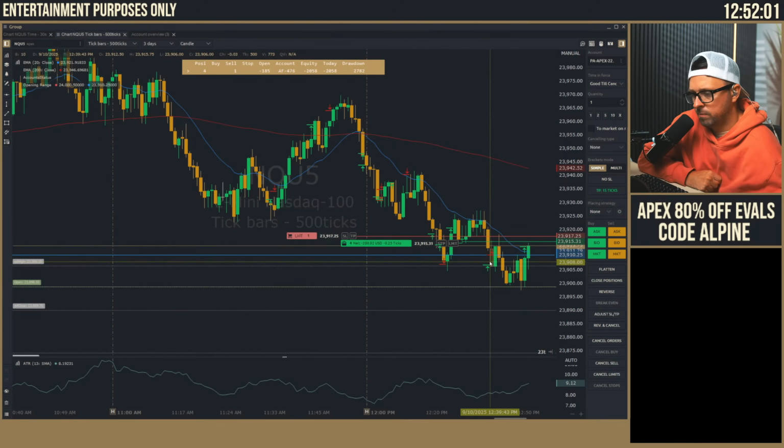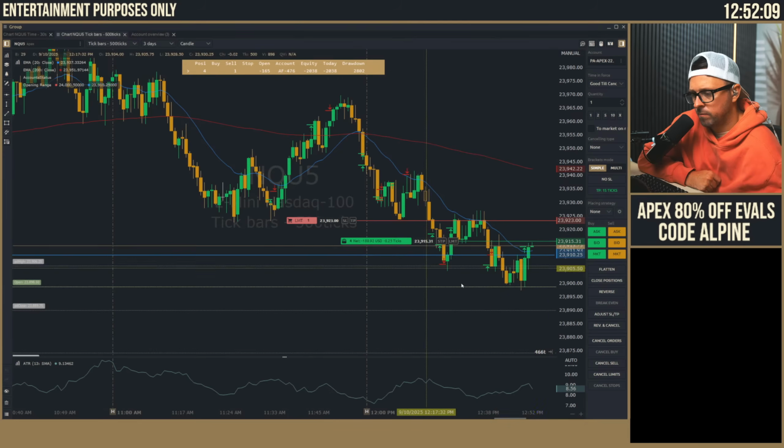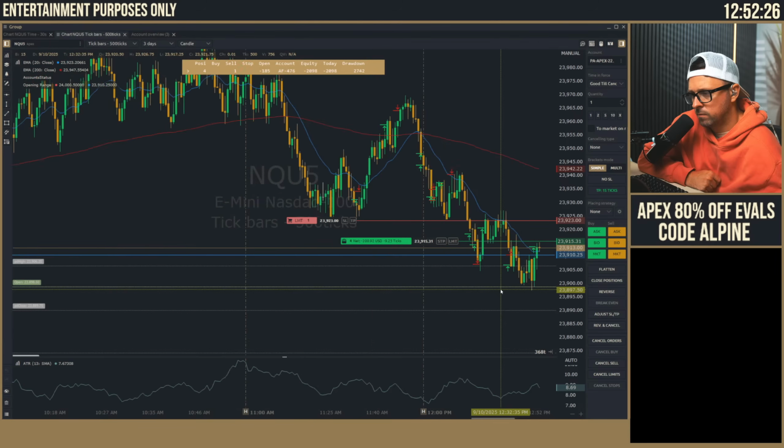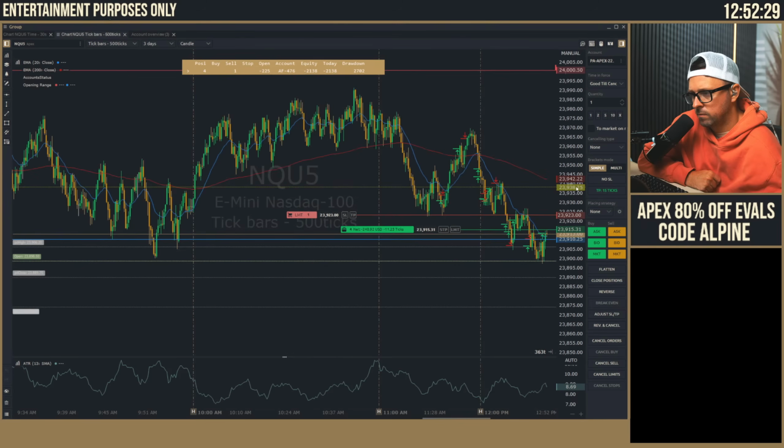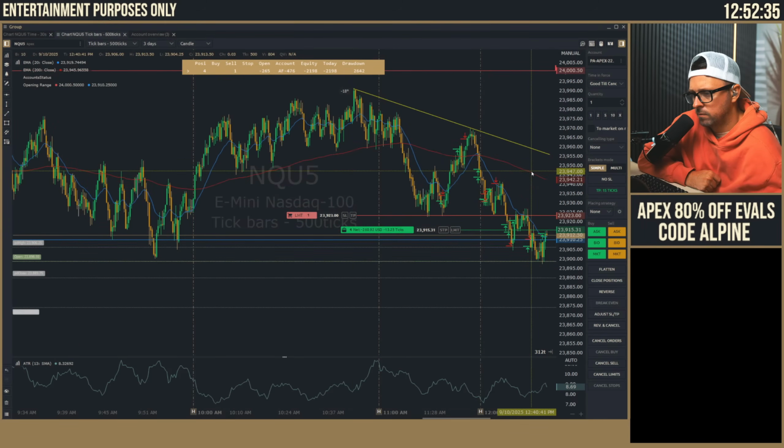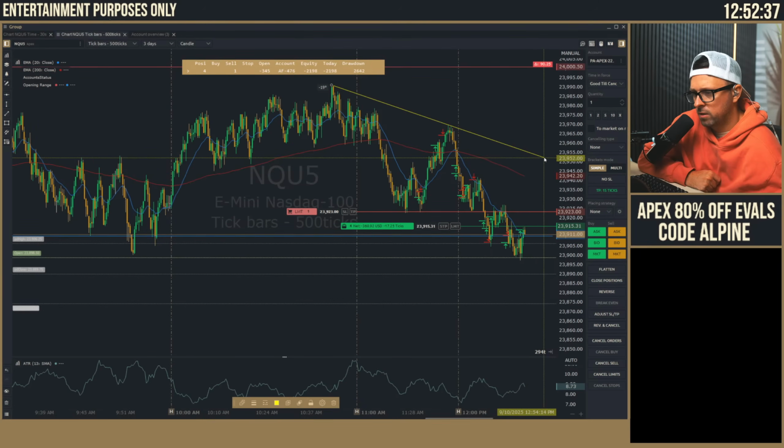Add one just to see if this is the bottom, maybe. Like retest this trend line. That's all I want.